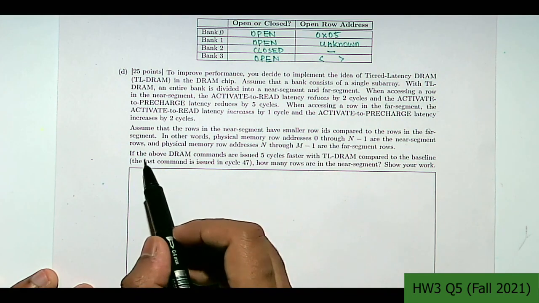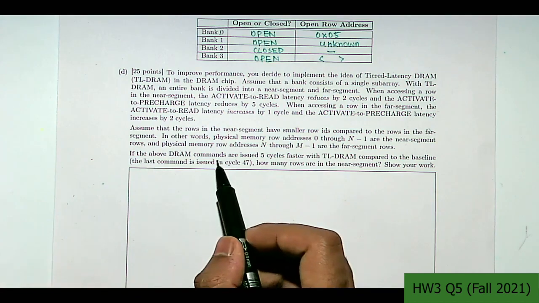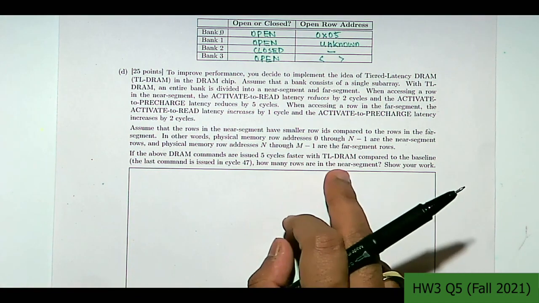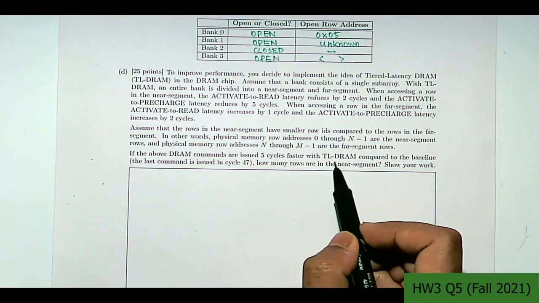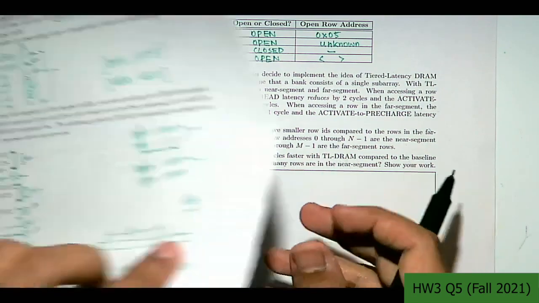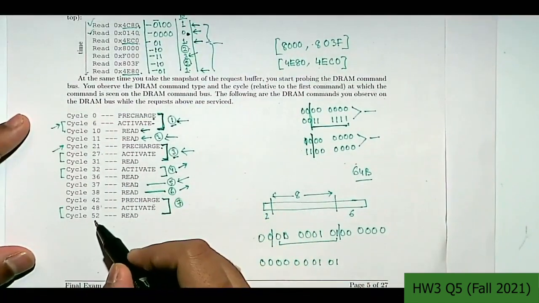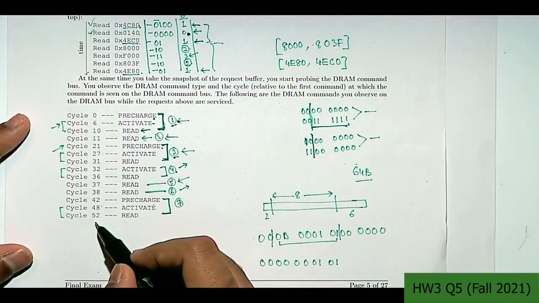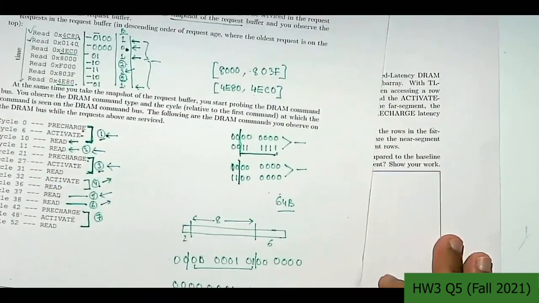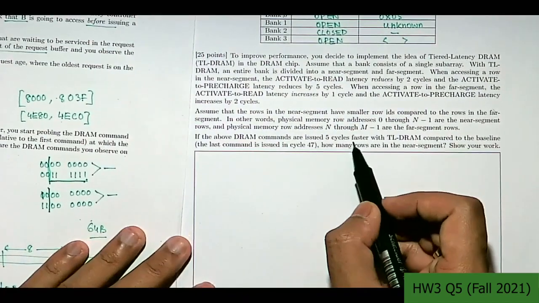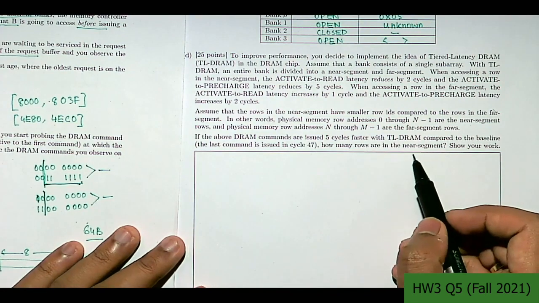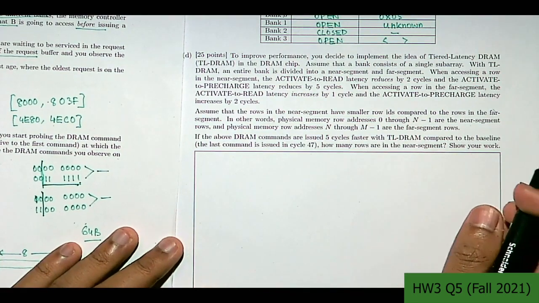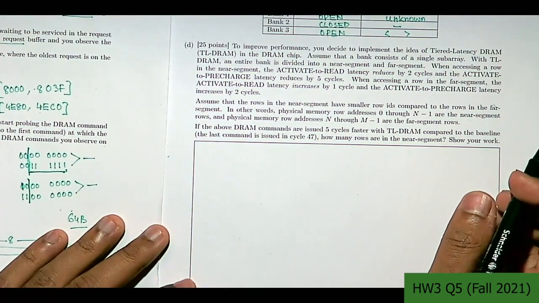Now the question is, if the above DRAM commands are issued 5 cycles faster with this DRAM as compared to the baseline, so that previously it ended in 52, and now it ends in 47, then how many rows do you have in the near segment? That's a very neat reverse engineering.